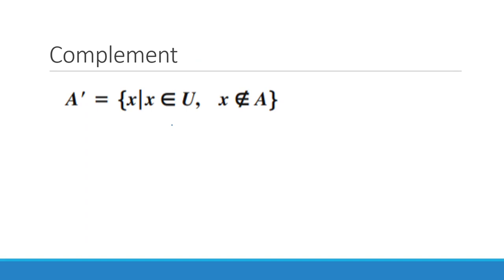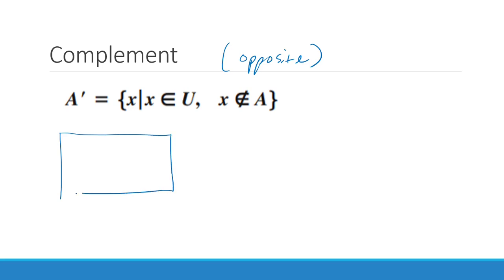A complement is another fancy word for opposite. A complement is equal to the set X such that X is an element of the universe, but X is not an element of A. So let's consider our universal set U. We have A inside that set.